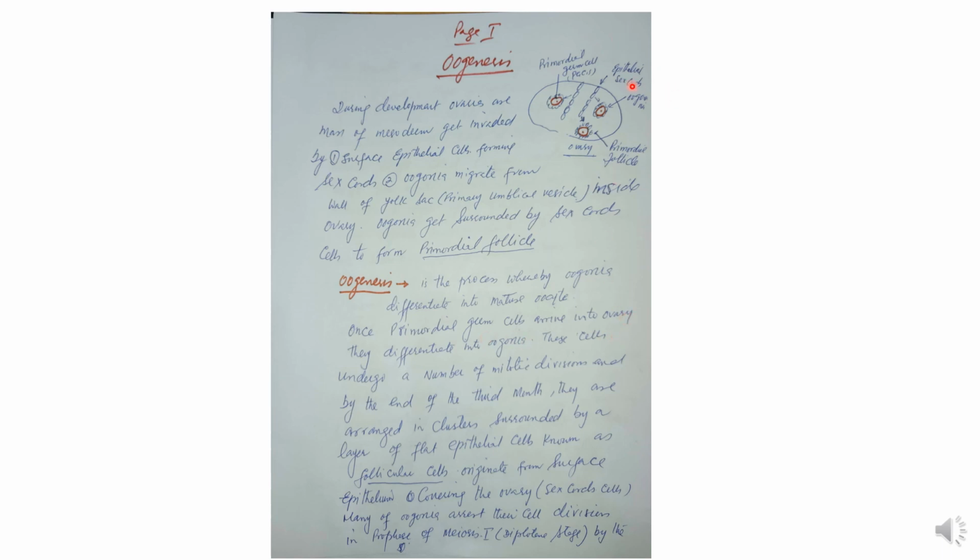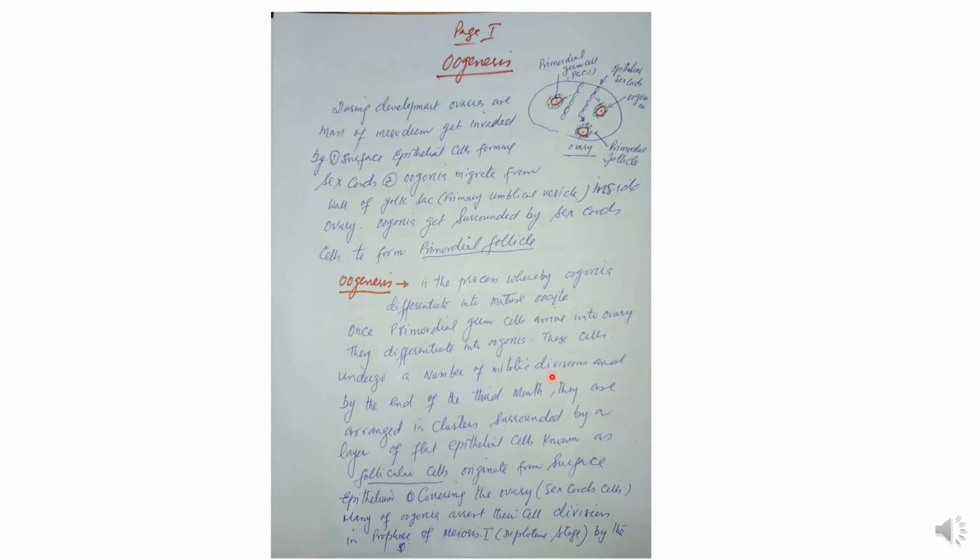Once primordial germ cells arrive in the ovary, they differentiate into oogonia. There is some alteration in the shape of the nucleus, otherwise no special difference between the primordial germ cell and oogonia.